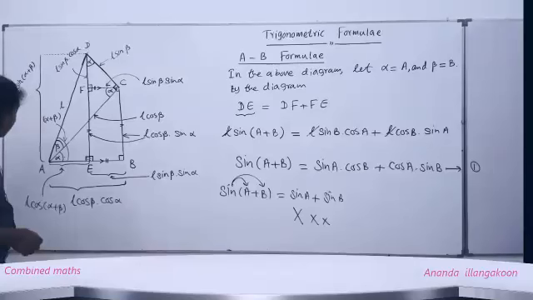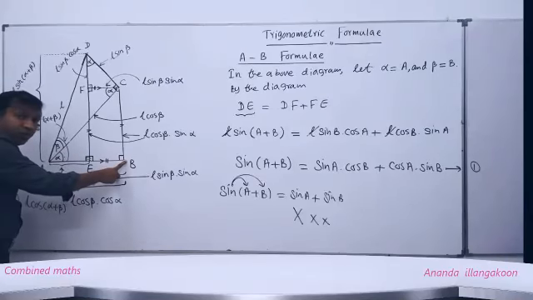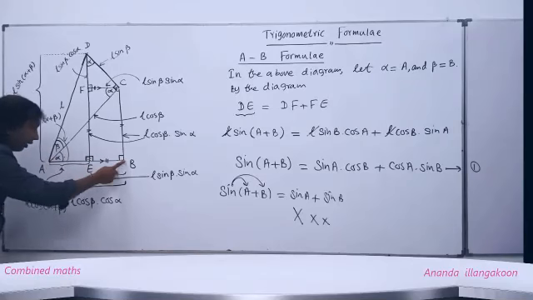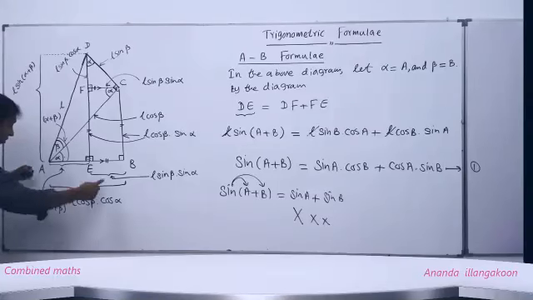That is this. This AE length we write in 2 ways. First one is AE. Other way of writing this AE length is, from A to B, from the whole length, we subtract this part. This whole length is this.